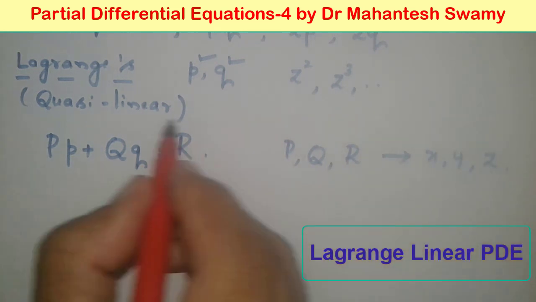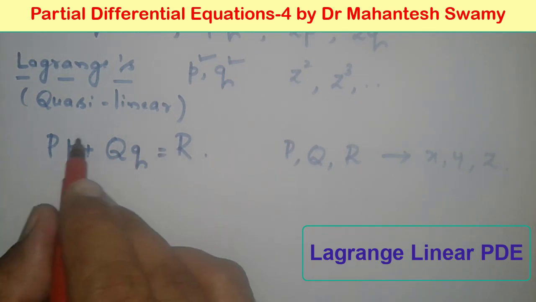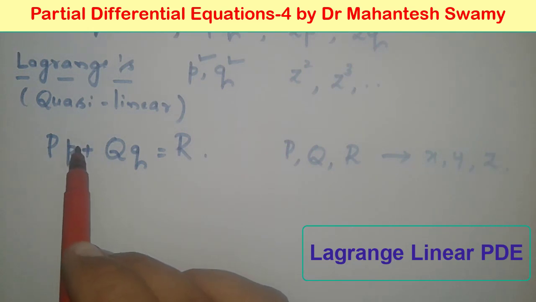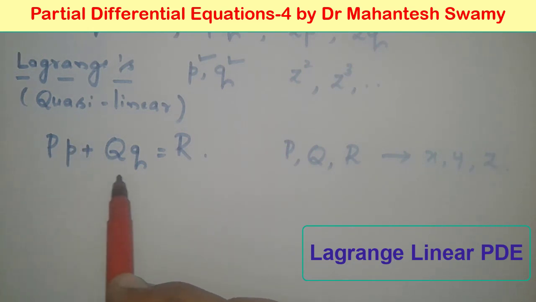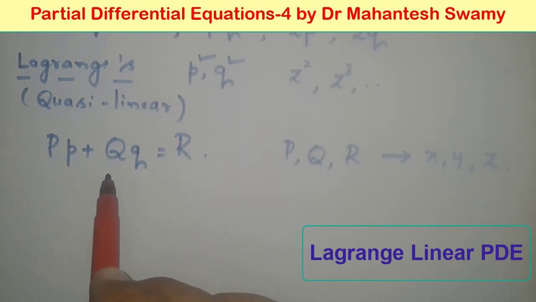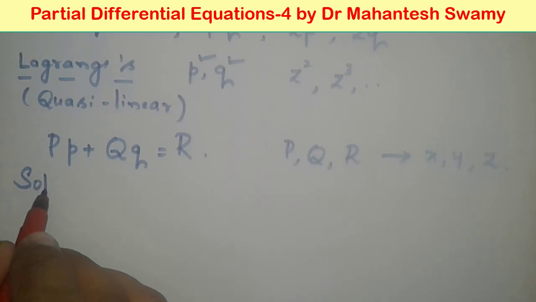This type of expression we will be considering, and we will call it a Lagrange linear PDE of first order. So we will be considering this and trying to solve this PDE. So we will go for the solution of this PDE.